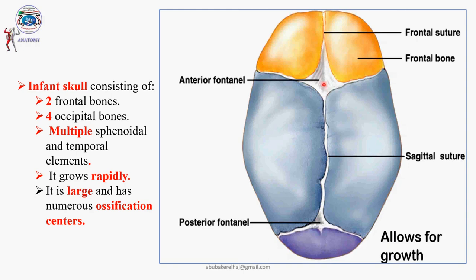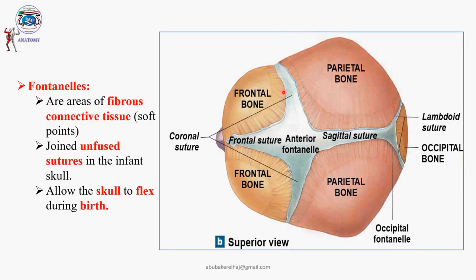The junction between the frontal bones and the parietal bones is the anterior fontanelle, and the junction between the occipital bone and the two parietal bones is the posterior fontanelle. These are weak points of fibrous tissue and gradually ossify to form the bregma and lambda.